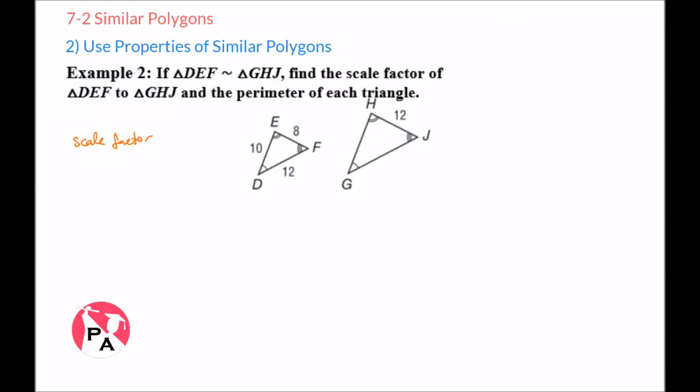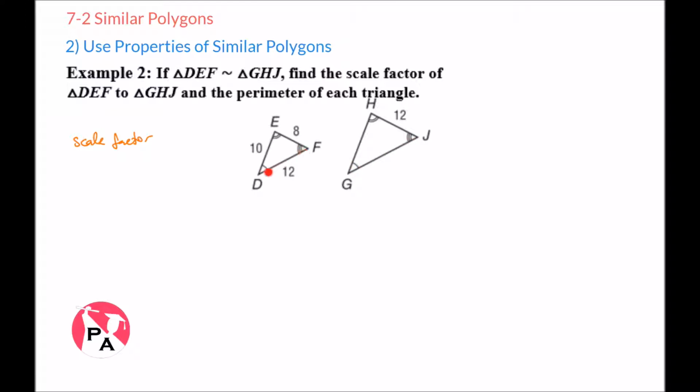So what we need to do is find a pair of corresponding sides. 10 corresponds to GH. I know this because if I look at the similarity statement, the endpoints of 10 are D and E. They are the first and the second letters, and their corresponding points are G and H. But I don't know its measure, so I just skip that one. 12 corresponds to GH because the angles at the endpoints of the side have 1 symbol and 3 symbols.